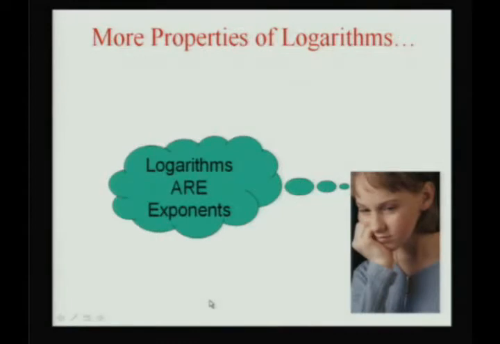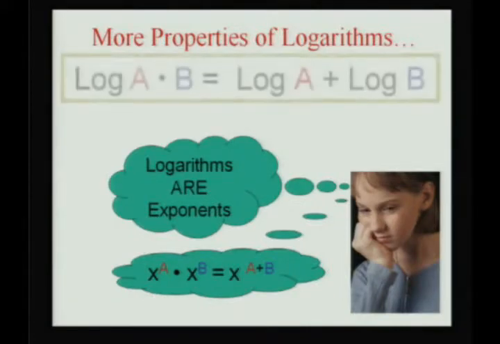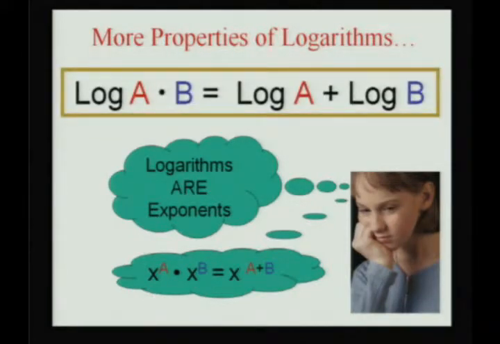Well, we know the properties of logarithms are going to be the same as the properties of exponents, because logarithms are exponents. Remember? So one of the rules of exponents is that when you multiply numbers with exponents, you add the exponents. So same thing for a log.